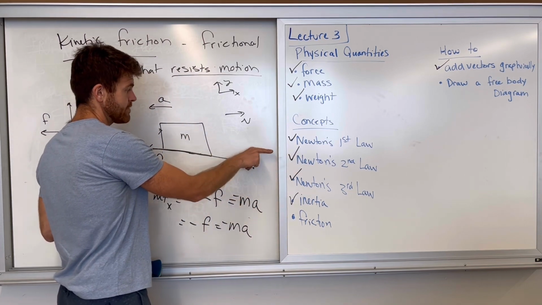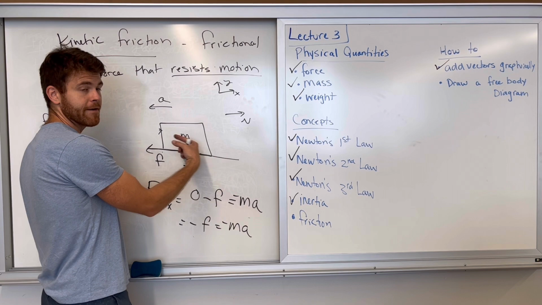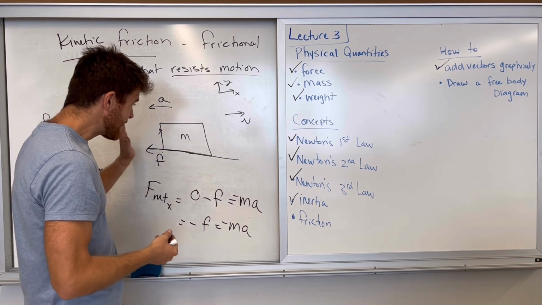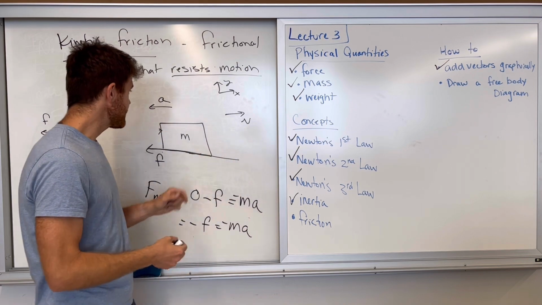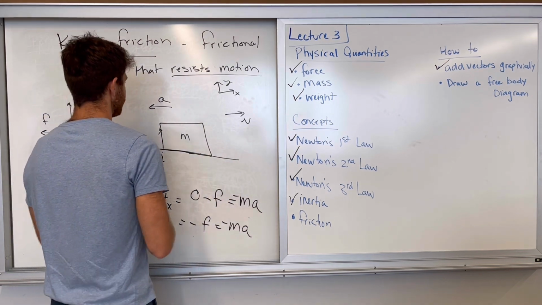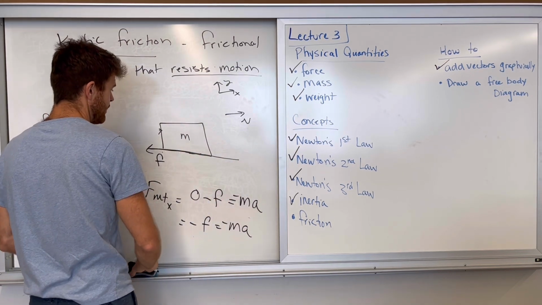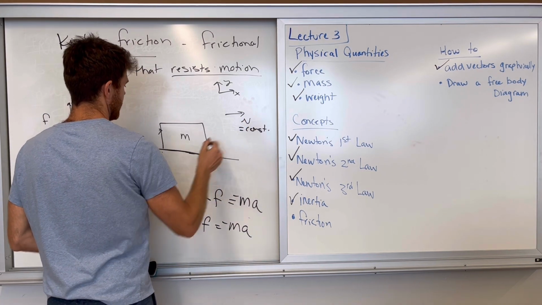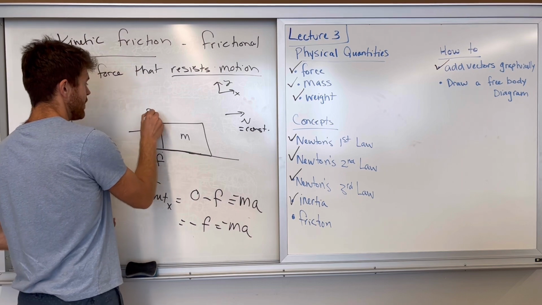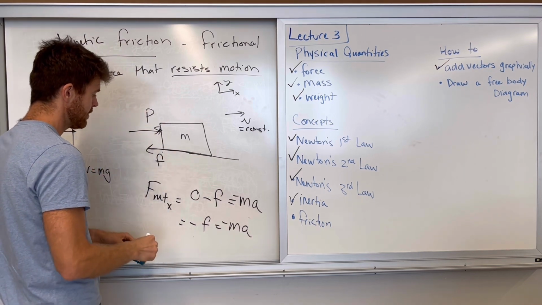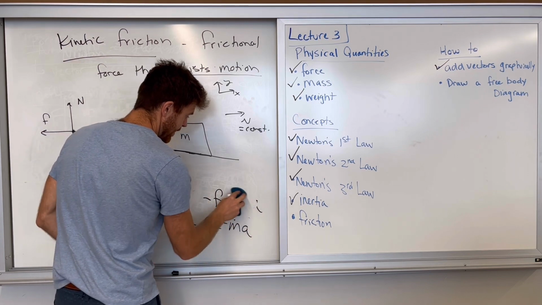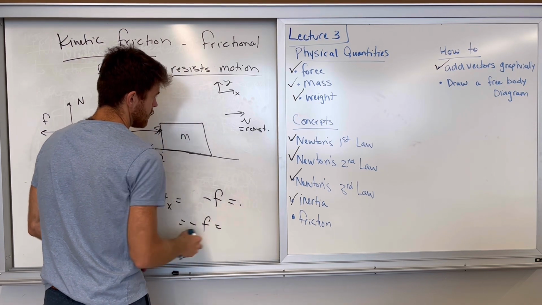If it's moving in this direction, kinetic friction develops in that direction, which causes an acceleration. If we want to keep it moving in this direction at a constant speed, then we have to exert a force on it to overcome friction. And if it's a constant speed, then acceleration is equal to 0.